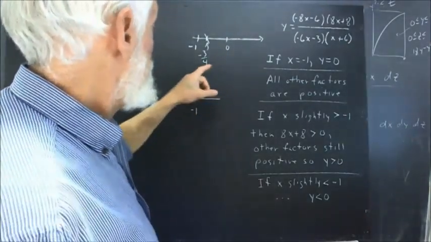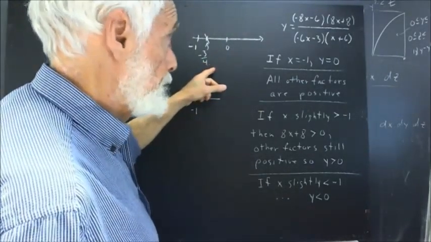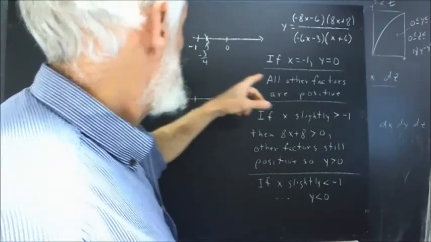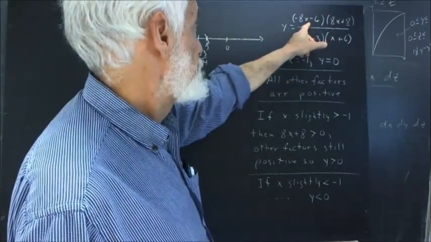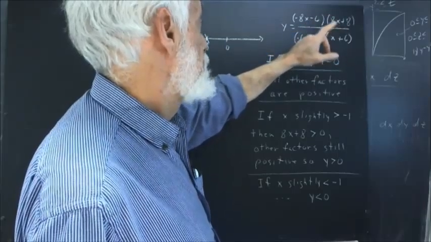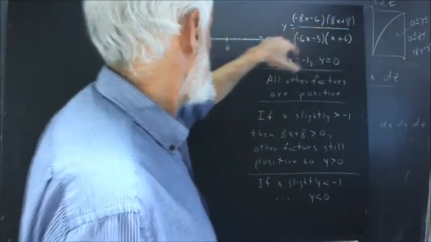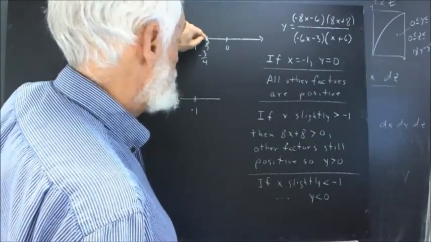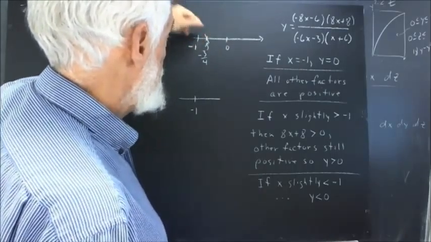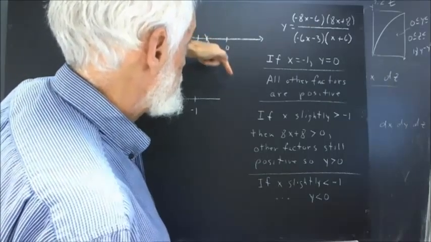So if x is slightly greater than negative 3/4, that's going to make this term here positive. All the other terms being negative, that's going to make the value of y negative. So as the graph passes through negative 3/4, 0 here, it's going to pass through in the negative direction.